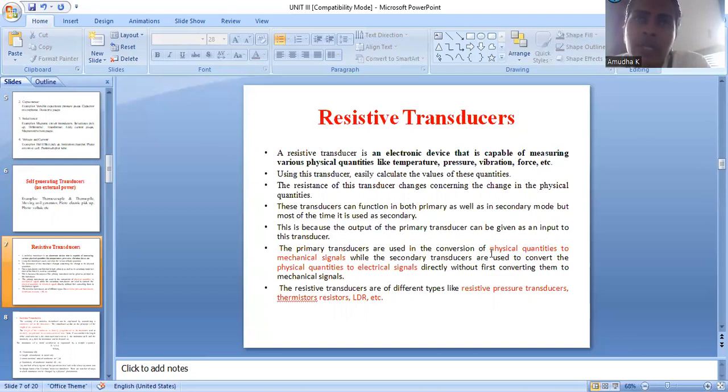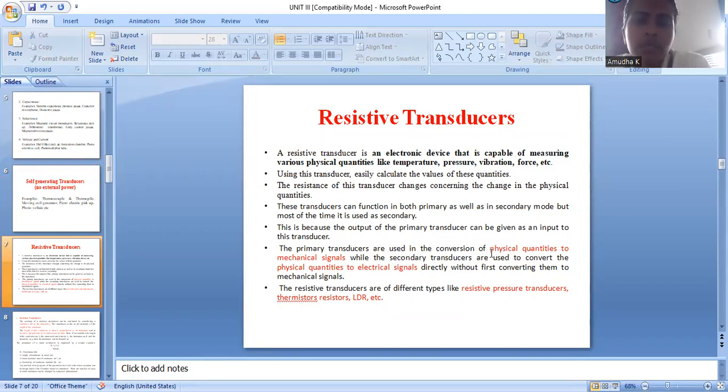In inductive transducers, the inductance value affects the measurement. Likewise, in resistive transducers, the resistance changes with changes in the physical quantities, while measuring temperature, pressure, vibration, force. These values also vary as the resistance varies.